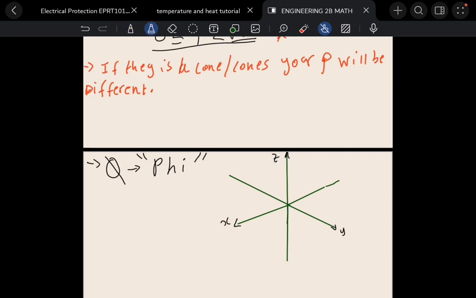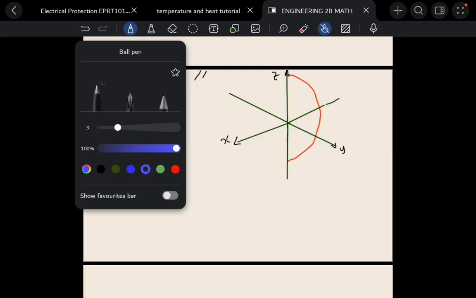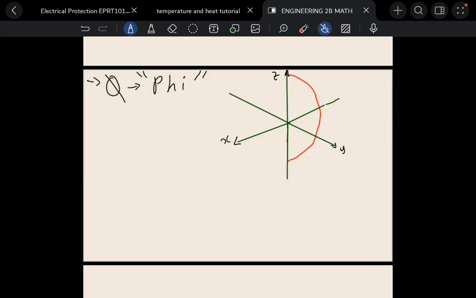Now, your phi, it's measured from Z-axis to Z-axis, which means your Z-axis is your reference, which is going to be 0. Your Y-axis, it's your second reference, which is going to be pi over 2.